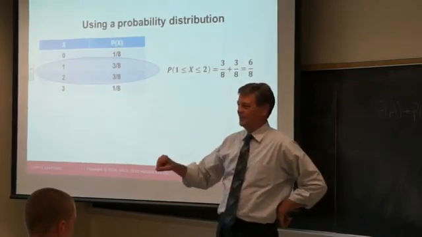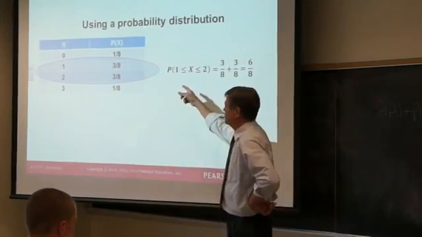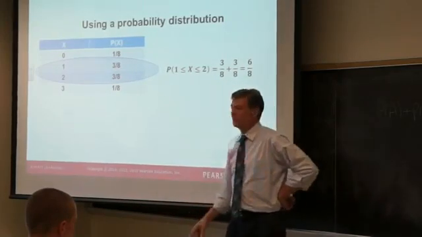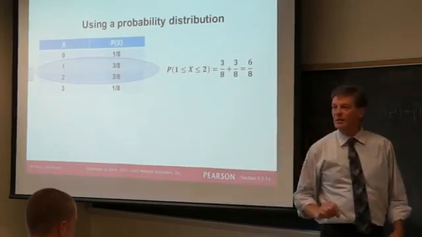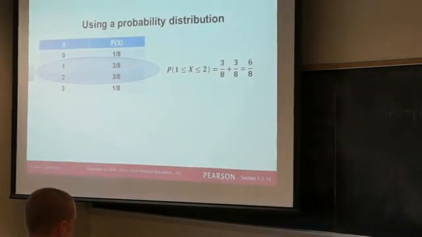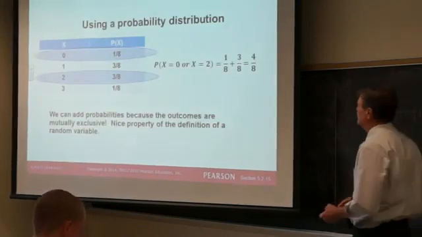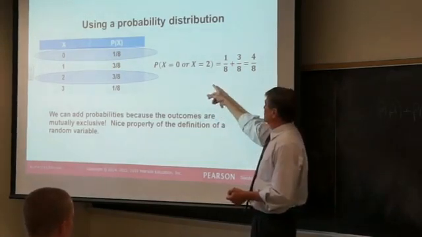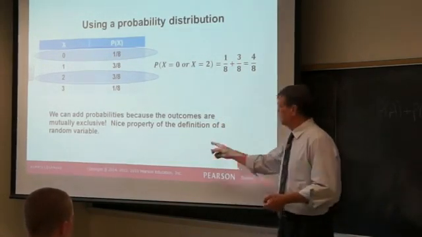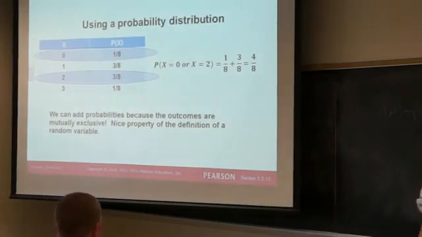I can't have 2 heads at the same time. I either had 2 heads or had 3 or had 1 or 0. They're disjoint or mutually exclusive, so I'm justified in just adding those 2 numbers together. And there's another example using the or, written a little bit differently: probability x equals 0 or x equals 2. Because of this property, I could just add those together right out of my probability distribution.